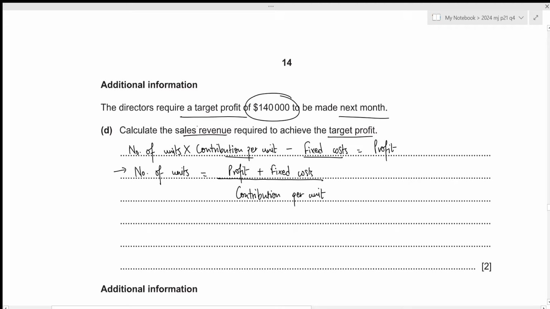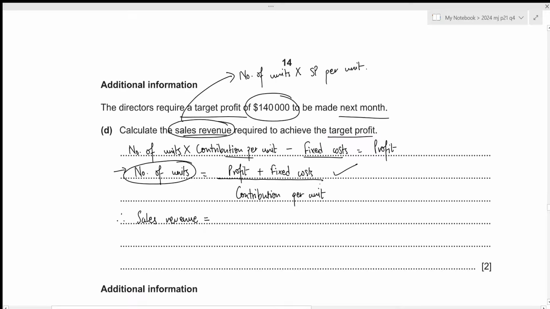But in this case, rather than asking us the number of units, we have been asked the sales revenue. Sales revenue is just going to be the number of units times the selling price per unit. So we need to calculate that part. So our required sales revenue is just going to be the number of units.